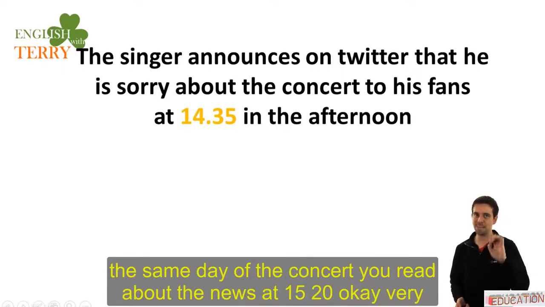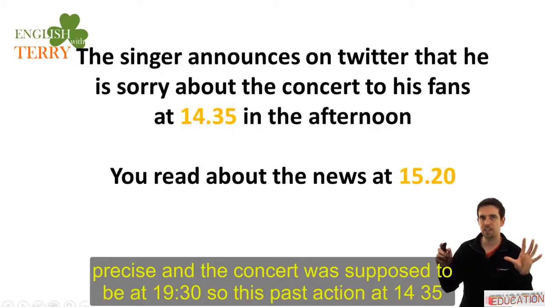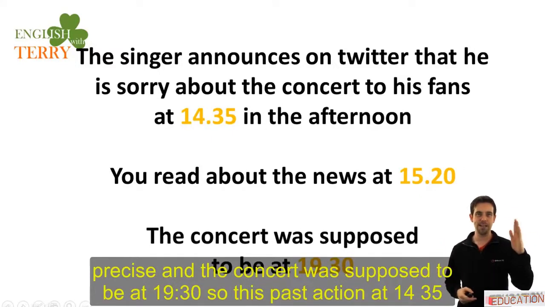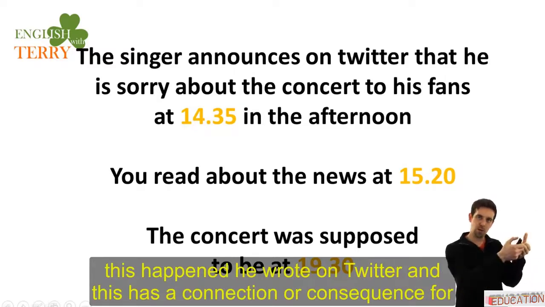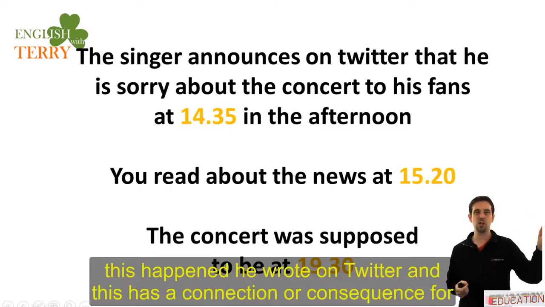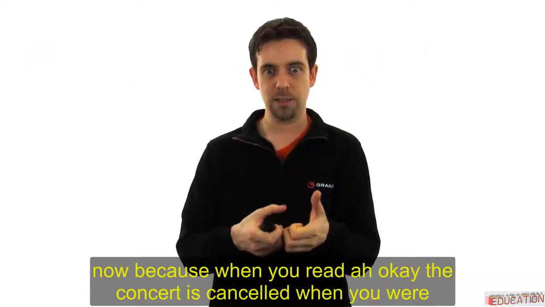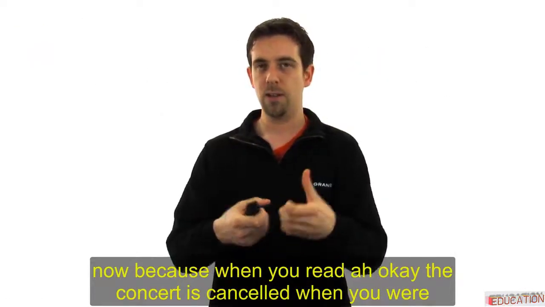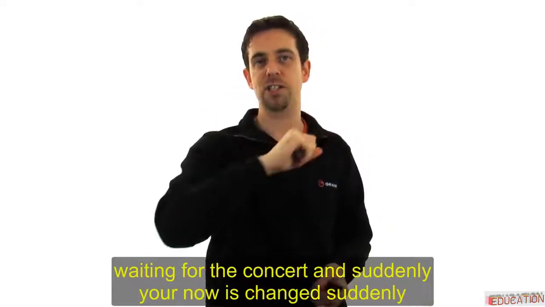Now, on the same day of the concert, you read about the news at 15:20. Okay, very precise. And the concert was supposed to be at 19:30. So, this past action at 14:35, he wrote on Twitter, has a connection or consequence for now. Because when you read that the concert is cancelled, when you were waiting for the concert, suddenly your now is changed.